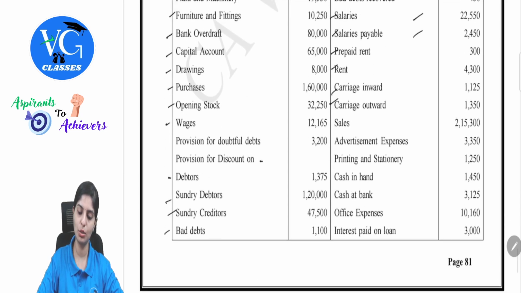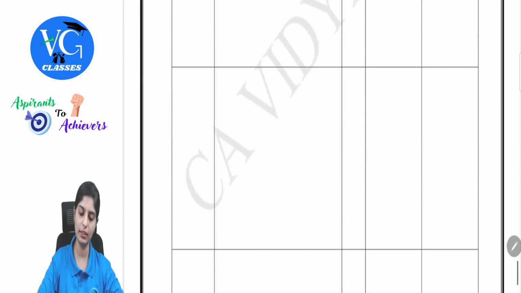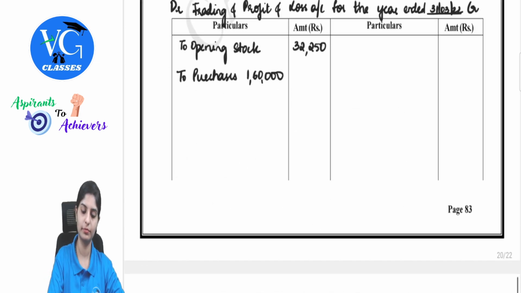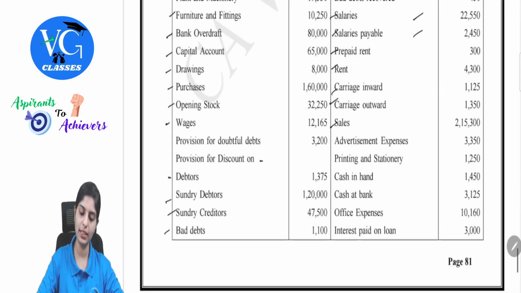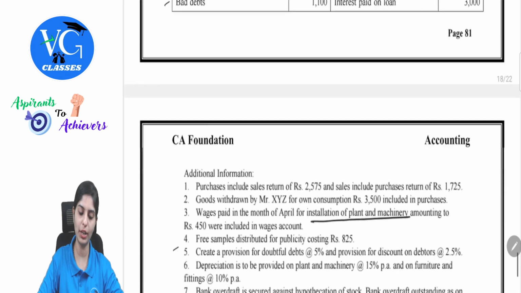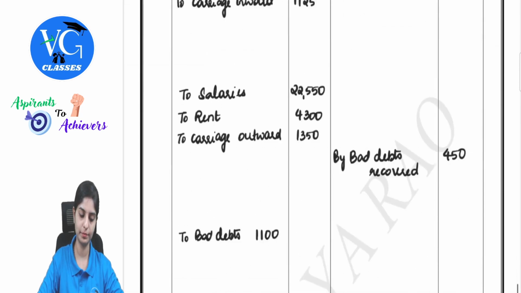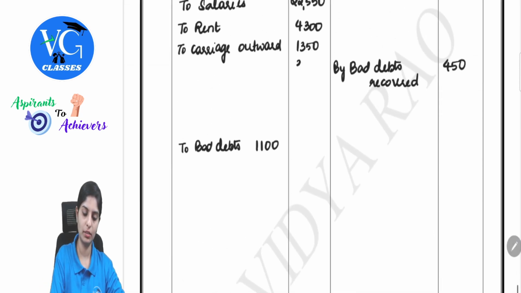Next, sales 2,15,300, by sales 2,15,300. Then there was advertisement expense, printing and stationery 3350, 1250.